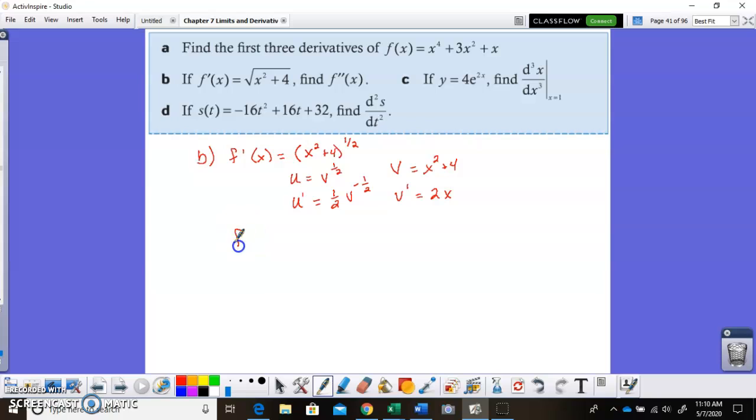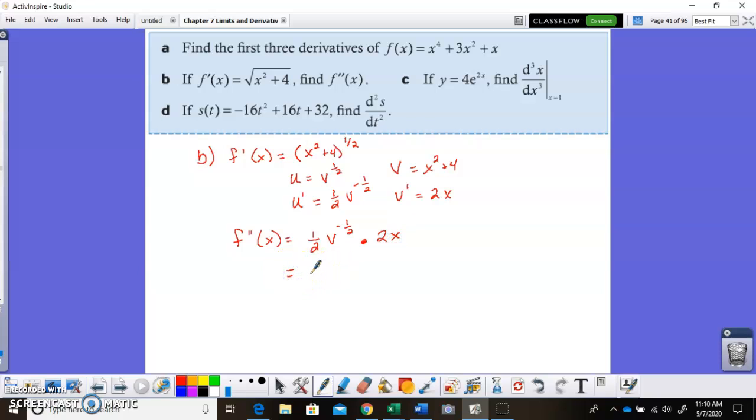So that means then my second derivative is going to equal the derivative of u, so 1/2 v to the negative 1/2 times the derivative of v, which is 2x.